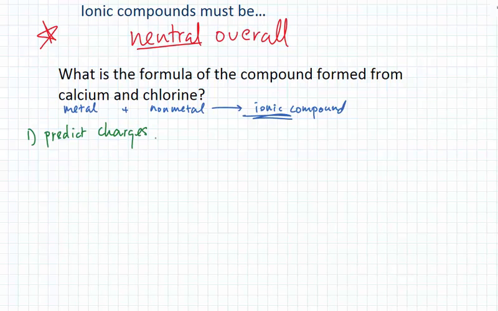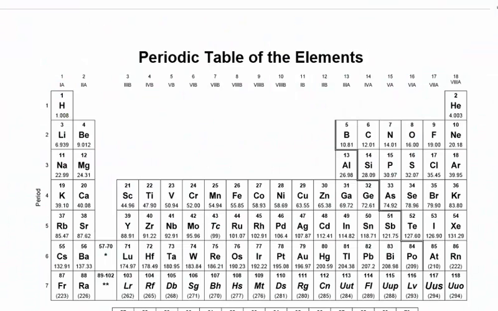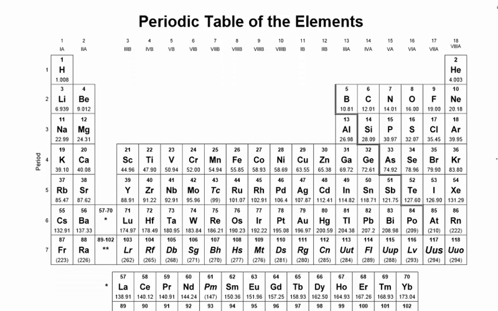The calcium ion forms, let's get a periodic table here. Right here, calcium is in group 2A, so it's going to have to lose 2 electrons.